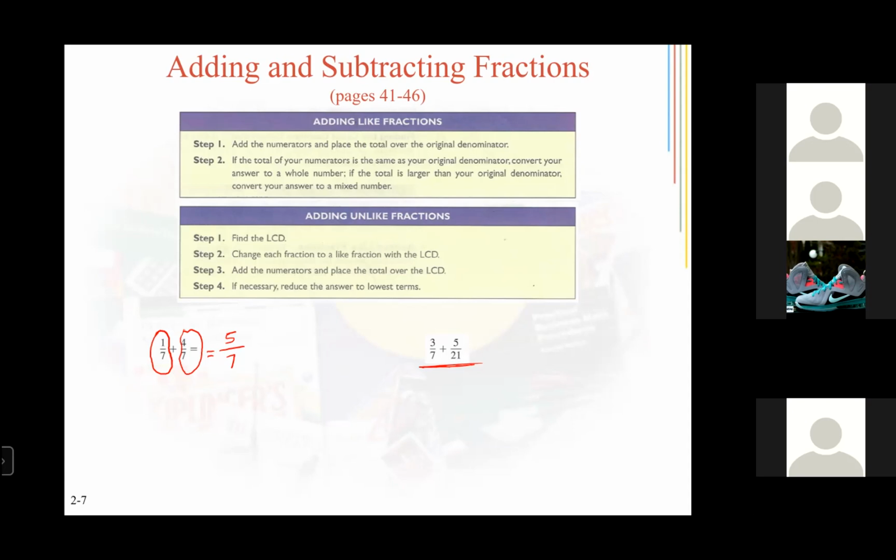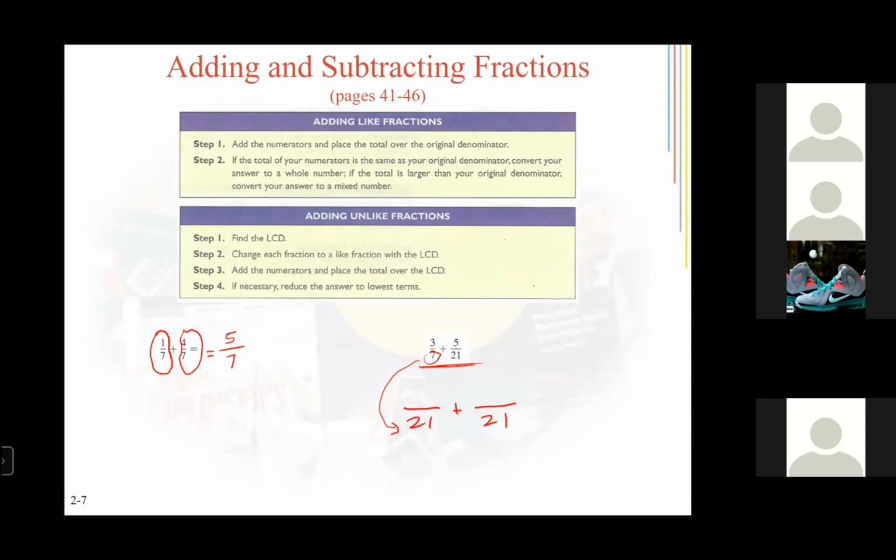So you're going to change this now to something over 21 plus something over 21. Now, this was 7. You change it to 21. So what will you change the numerator to? 24.